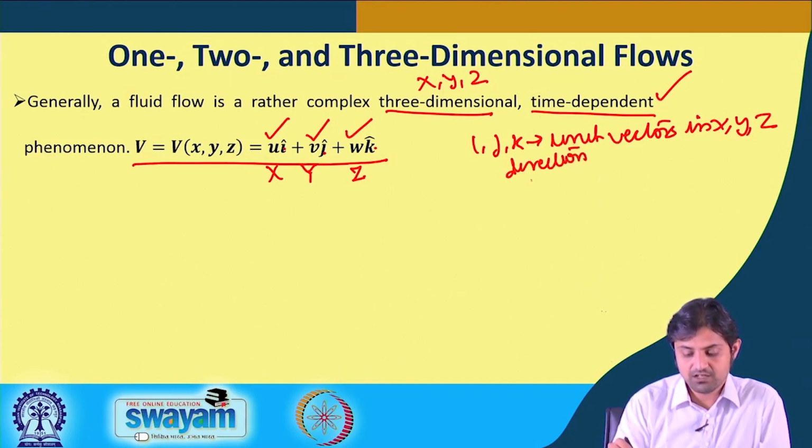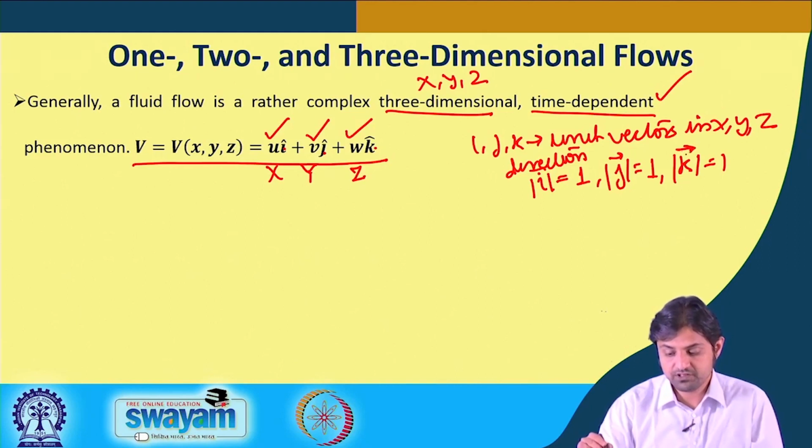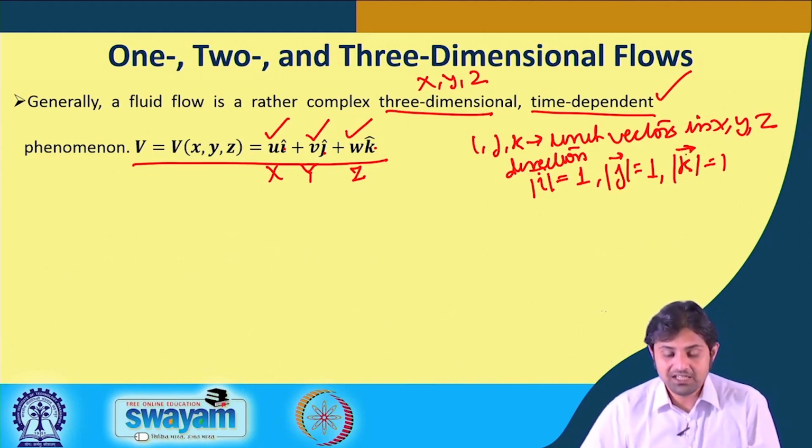From your maths class, you would already know that the modulus of i is 1, the modulus of j is 1 and the modulus of k is also 1. This is just a basic revision. So, by multiplying by i, j and k, we do not change the magnitude but just show the direction.